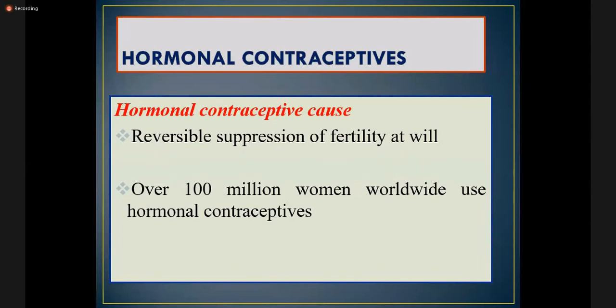If the couple decides that this is the time to conceive and make a family, and they stop taking these preparations, the fertility can be restored. So this is the reversible suppression of fertility at will. Over 100 million women worldwide use hormonal contraceptives.